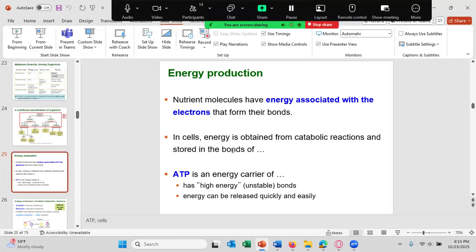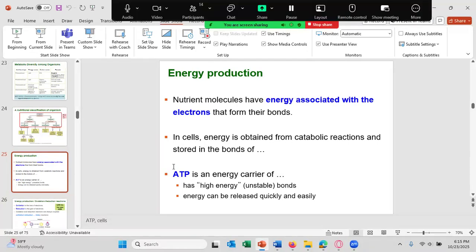ATP is an energy carrier of cells, meaning we call it the currency of cells. Whenever the cell needs energy, it tends to get that energy from ATP. And currency is like money, what we use to buy things, especially in the old days before phones and digital currency and all that.